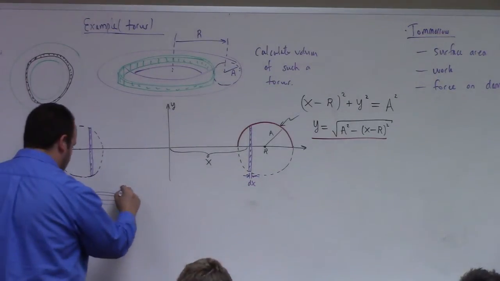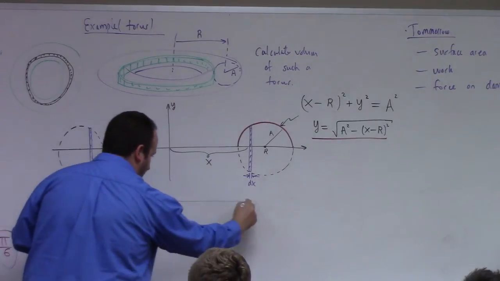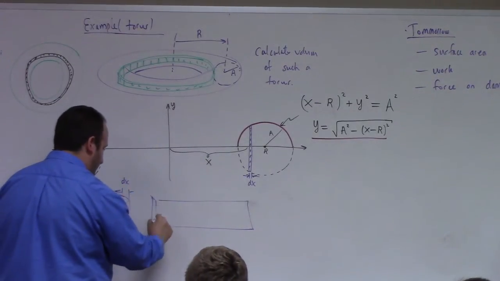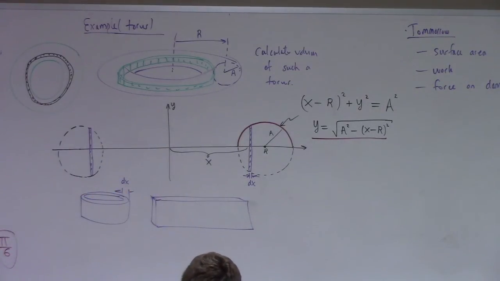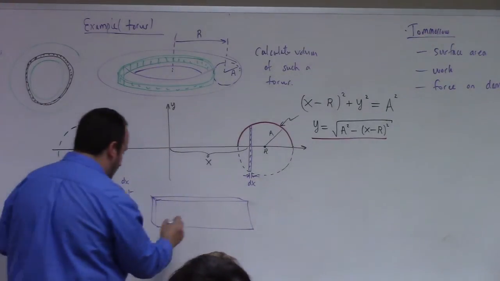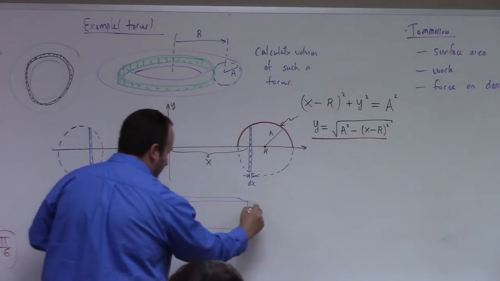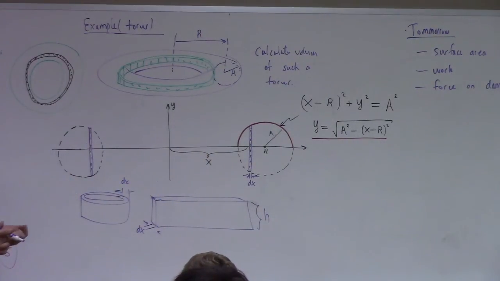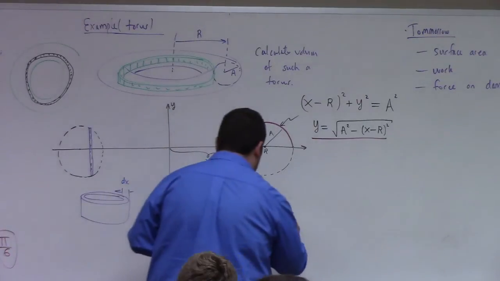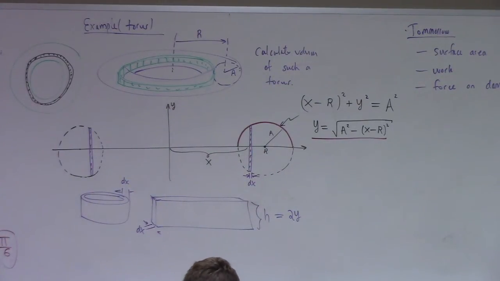If you took this and laid it out flat, if you can imagine unwrapping the cylinder as a rectangular slab, the thickness would be dx. This is the height h. Now the height is actually what? We can write that as 2 times y, which is twice the square root of a squared minus quantity x minus r squared.